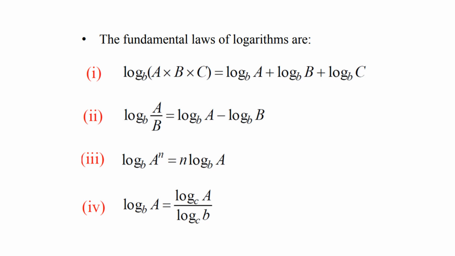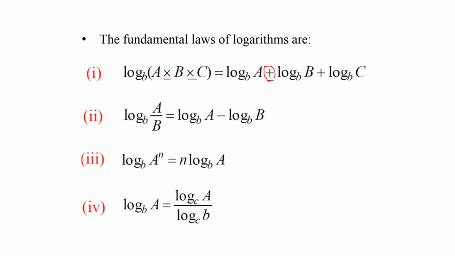And we have the fundamental laws of logarithms. The first three rules we're going to apply. Log of a times b times c to the base b is log a plus log b plus log c with the same base. And log of a divided by b is log a minus log b. It's simple to remember. If you have times here, it will be split with plus.